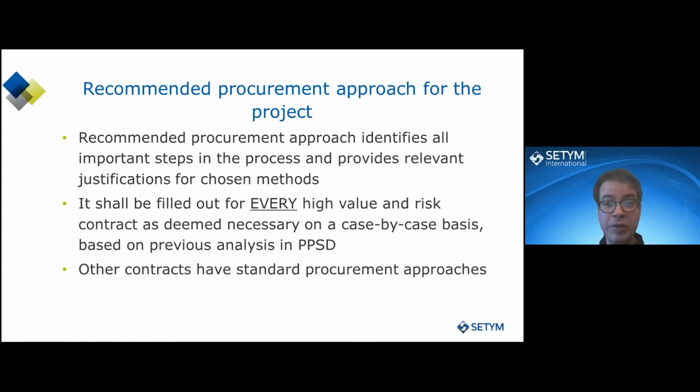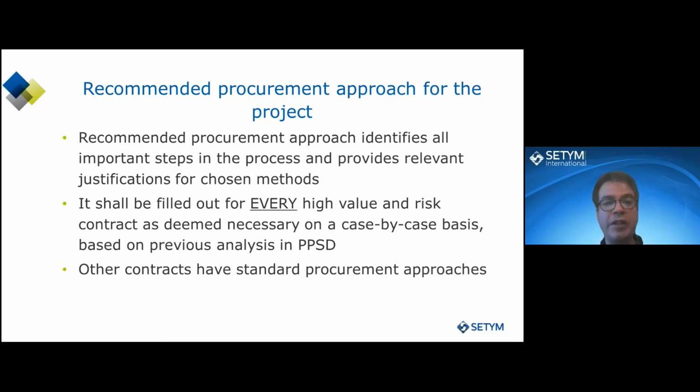There's a recommended procurement approach for the PPSD, for the project, sorry. This is the section that comes after you have a risk strategy and mitigation measure. Once you have mitigation measures, you should determine, okay, but what are we really going to do to make sure this is done to minimize procurement risk?